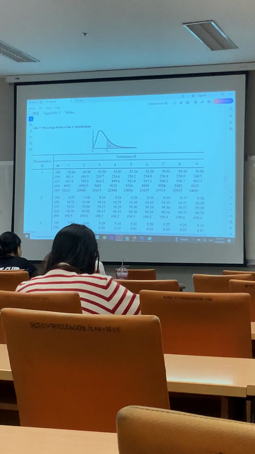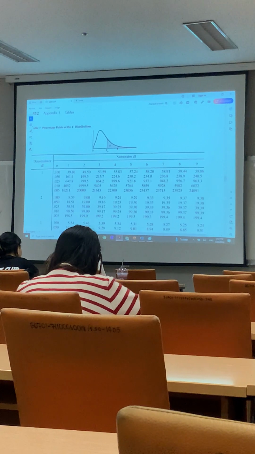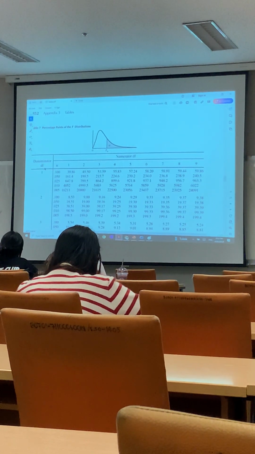Okay. And alpha tells you the area again in the upper tail. So this is 10%, 5%, 2.5%, 1%, and 0.5%. So once you know what area you want, and you know the numerator and denominator degrees of freedom, then you can have a look at this table.